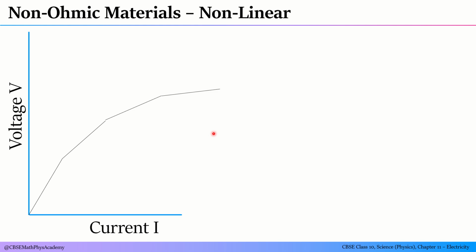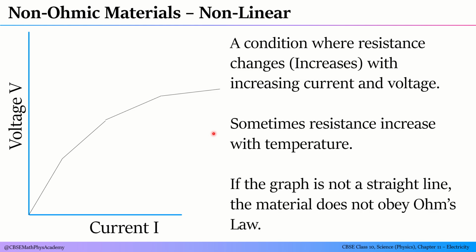So now moving on to the next topic, non-ohmic materials. See, in this graph, it is not a straight line. It is changing for every few values of current. This is when the resistance increases as the current and voltage increase. When the current is 1 ampere, you have a resistance value of 1. When you increase it to 2 amperes, the resistance increases and the graph takes a slightly different path.